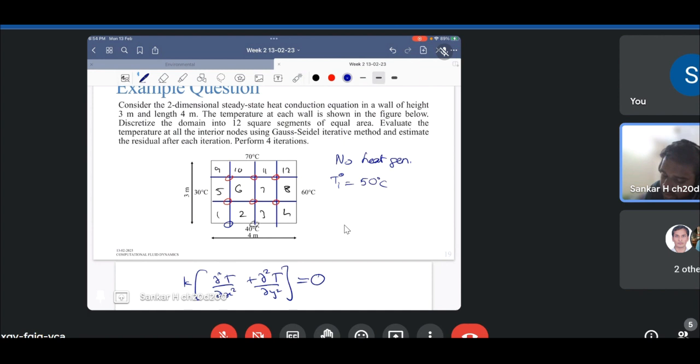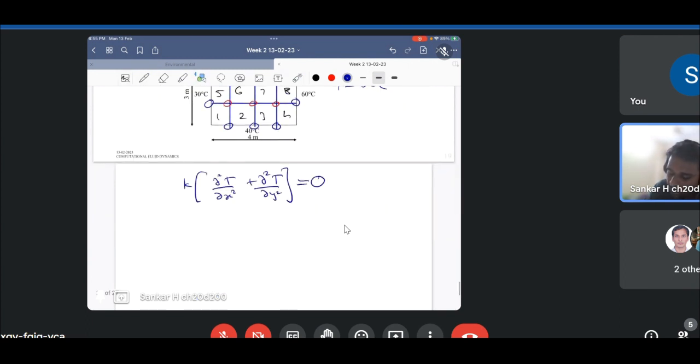Temperature here, here, here, here, here, here, here, here, here, and here. Everything else is known. So let us start by discretizing the domain, or redrawing the domain as such.